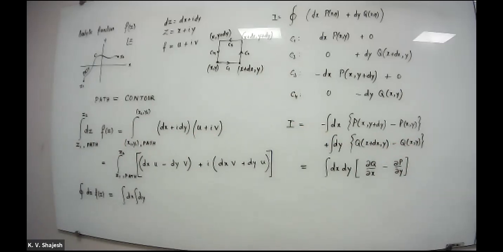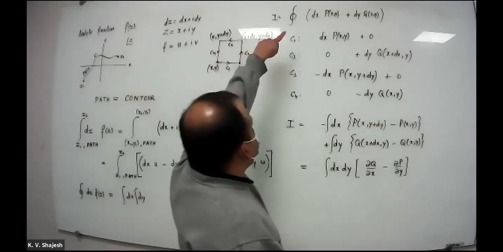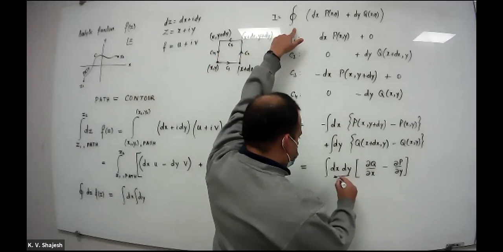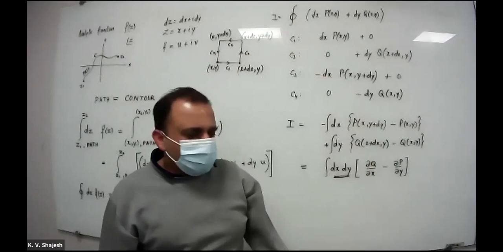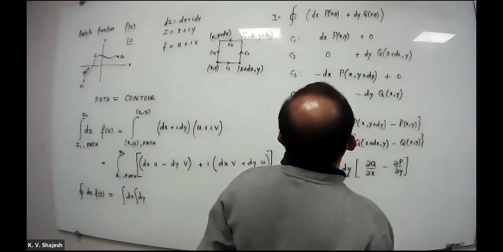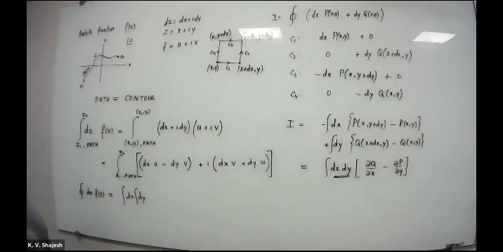What is it similar to? Have you seen it somewhere else? You are muted if you are saying anything, but maybe not. This is nothing but Stokes' theorem, right? This is how Stokes' theorem is proved, if you remember your vector calculus. A line integral becomes an area integral. This is called Stokes' theorem, Green's theorem, various ways, but I think it was Stokes who did it for the first time.